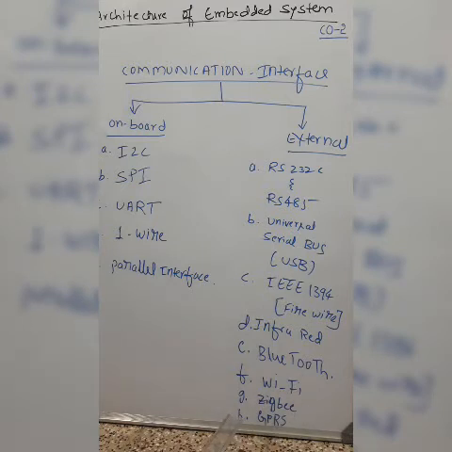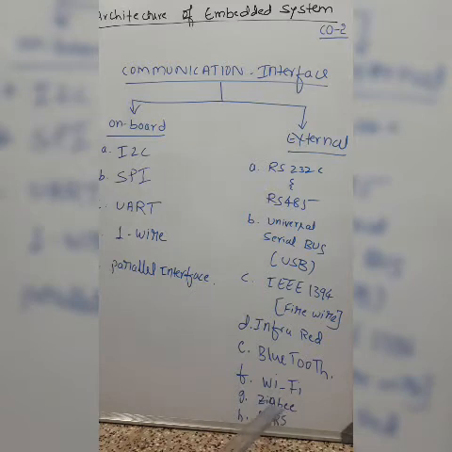Then coming to the Zigbee, this again is a low power, low cost wireless communication. It is used for wireless personal area networks. You can create a network among the devices by the wireless method.